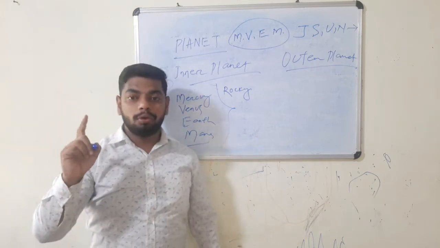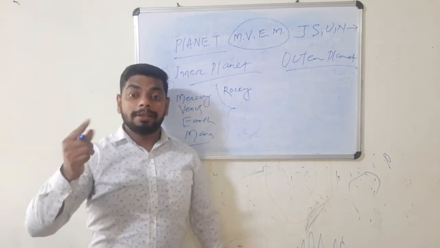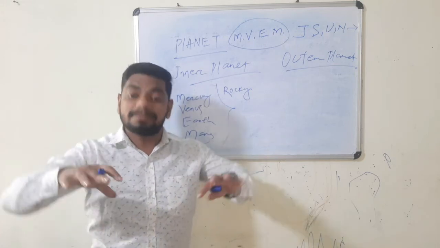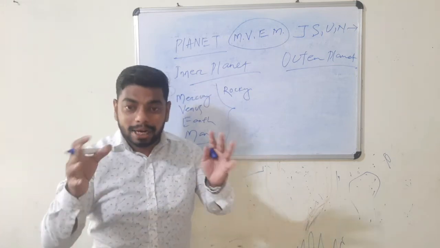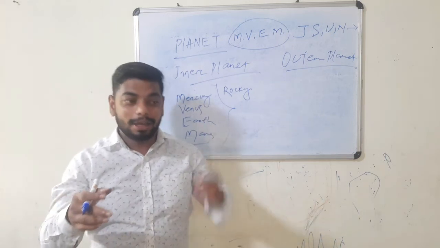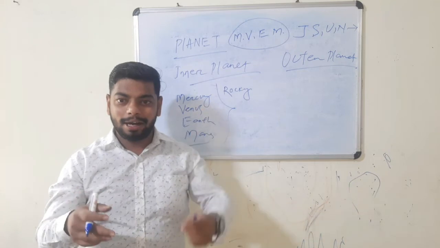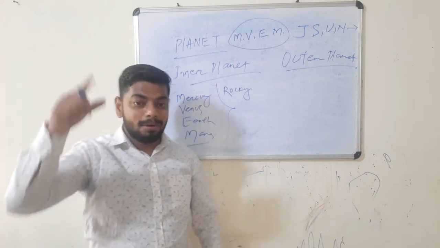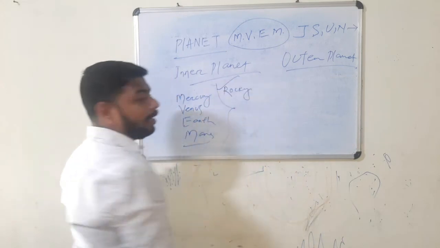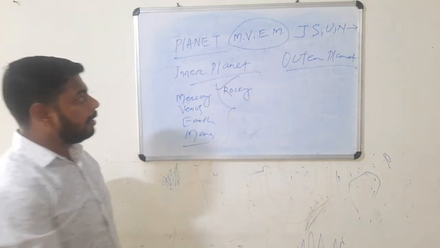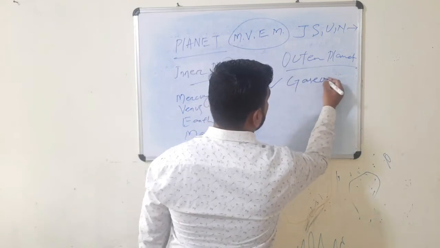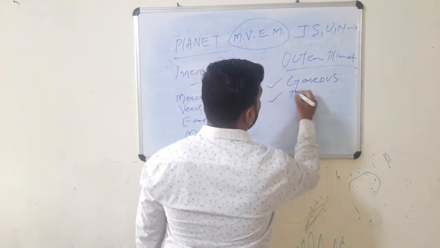Why so? Because they are made up of rocky substances, various minerals. Mountains are found: Himalaya, Western Ghat, Eastern Ghat, Aravalli mountains, all these are found on our planet. So they are made up of rock, but the outer planets are mainly made up of gas and ice.